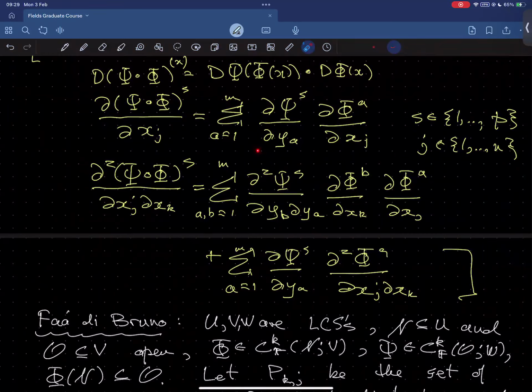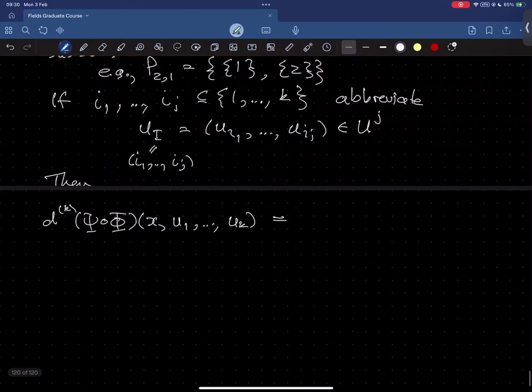Like I said, you see some terms that are linear in the derivatives of psi. The second derivative of the composition involves a first derivative of psi and also a second derivative of psi. So we're going to see something like that show up. We're going to see a sum j equals 1 to k. Then I have this weird combinatorial sum. I'm going to sum over the partitions in P_{k,j}. So I have I_1 up to I_j in P_{k,j}.